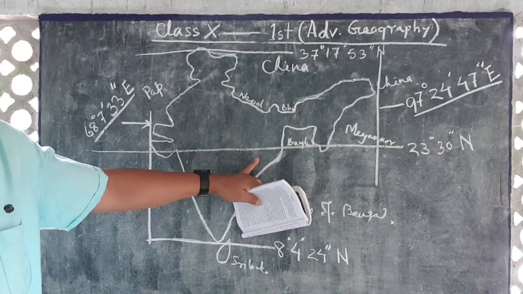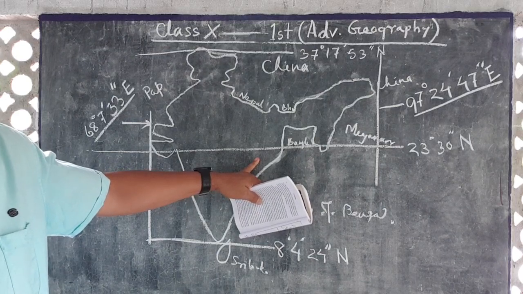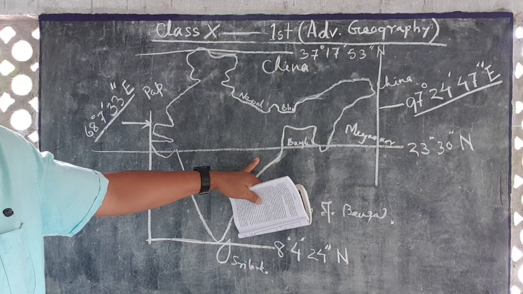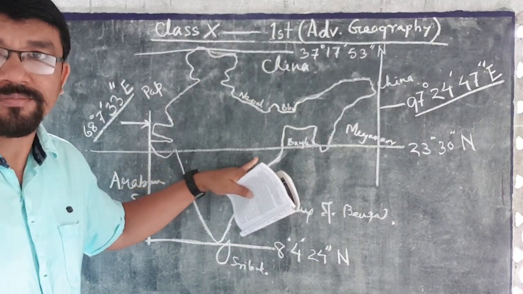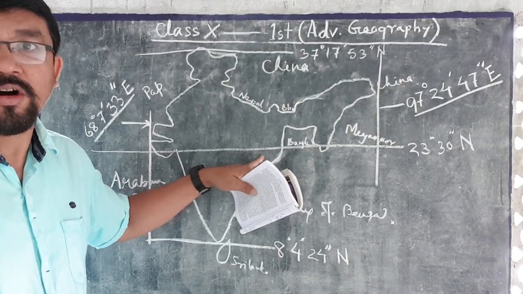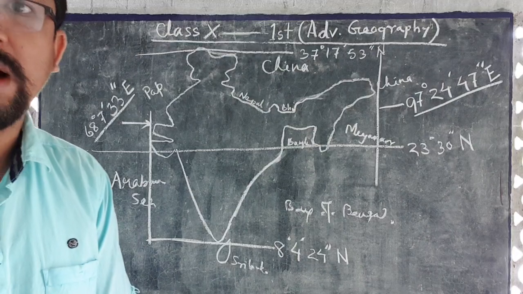This Tropic of Cancer is going through the middle of India. And this line of latitude divides India into two halves.